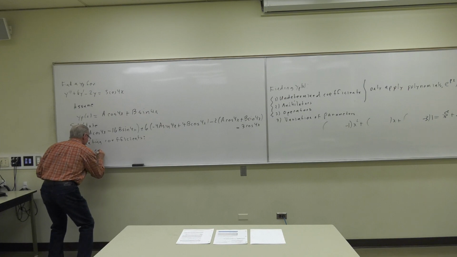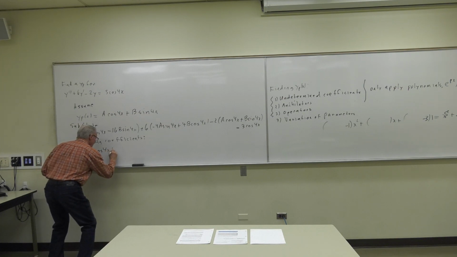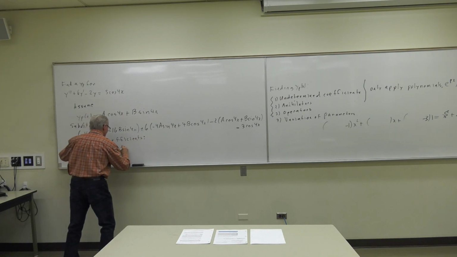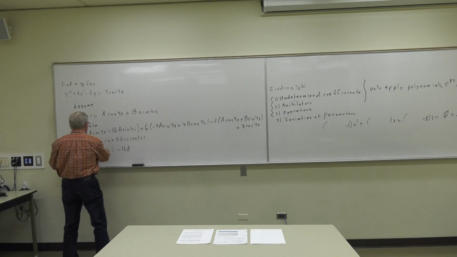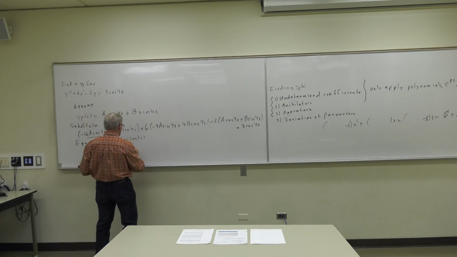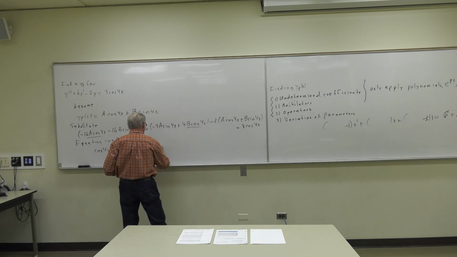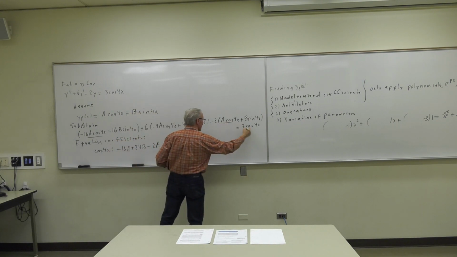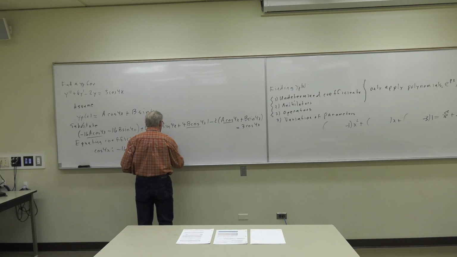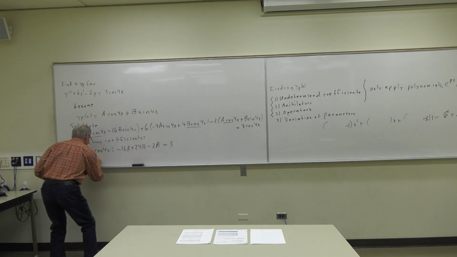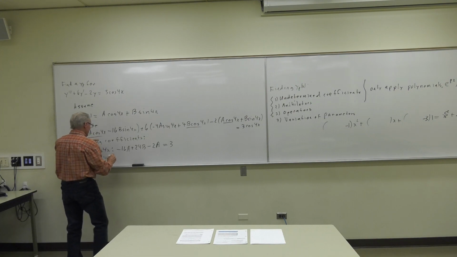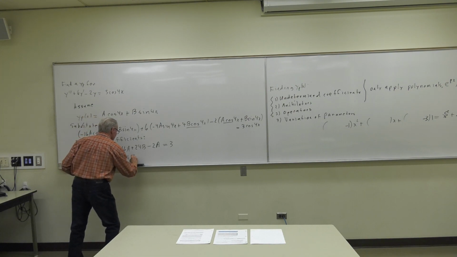So for the cosine terms, I have minus 16a here. I have plus 24b's here. And I have minus 2a's there, and equal to then 3. And for the sine ones, sine of 4x, I have minus 16b's.